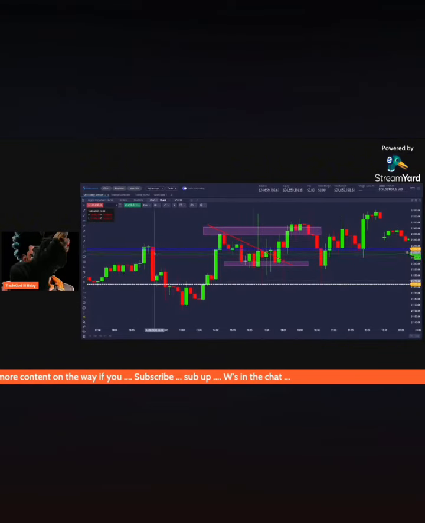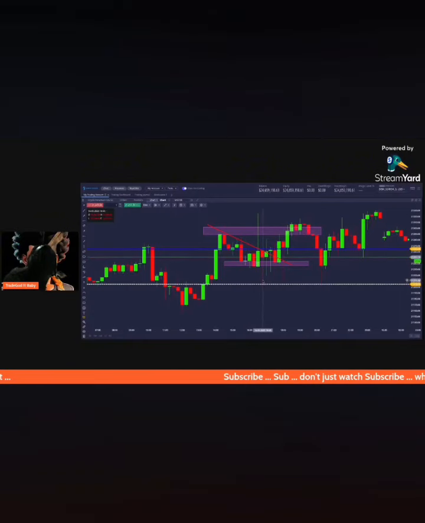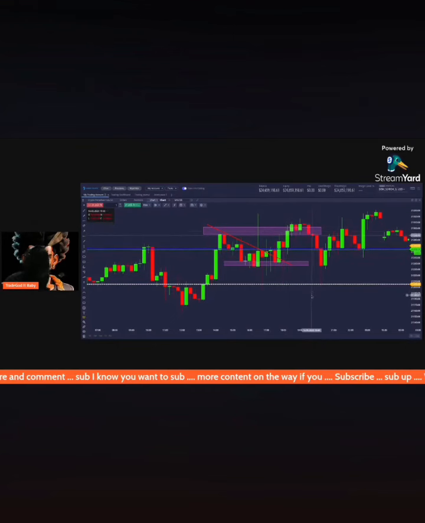So I mean, he made money, but as you see, this candle came back so much. Like if he would have held it, it would have been a bad trade because it would have snapped back on him, right? So, and then it began to toggle up and down, and then it just went up.